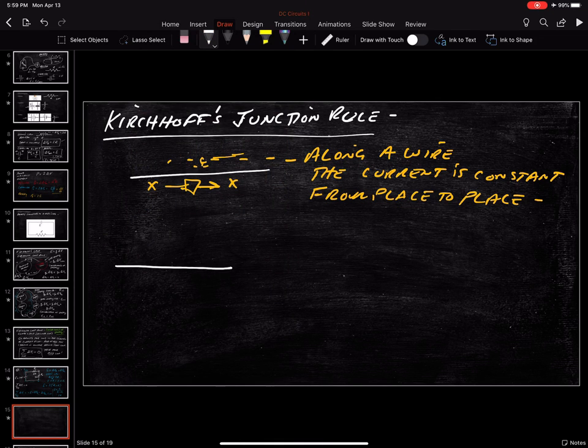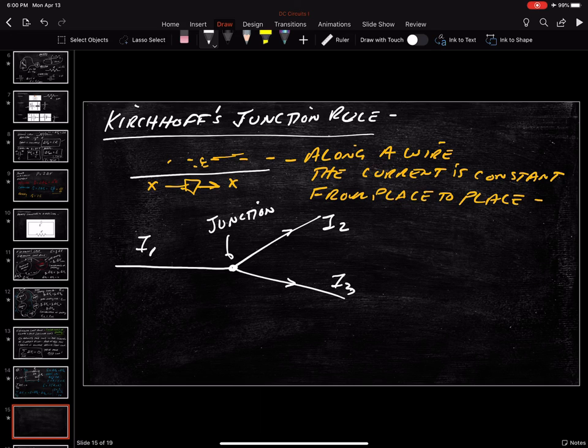Suppose you have a situation in which you have a current coming in. I'm going to call it I1, and then you have a little junction. You splice two wires off of this, and so you've got some of the current going this way and some of the current going that way. I'll call these I2 and I3. You're bringing in 10 amps, and then you split off two wires, and suppose that the current travels evenly.